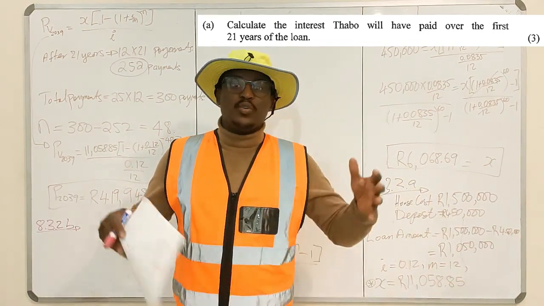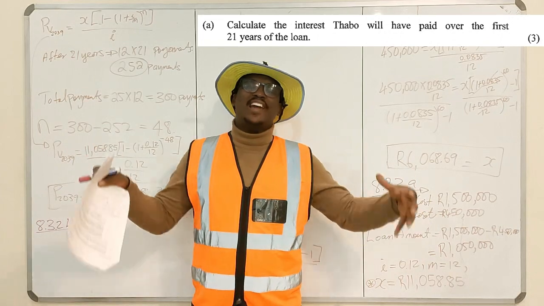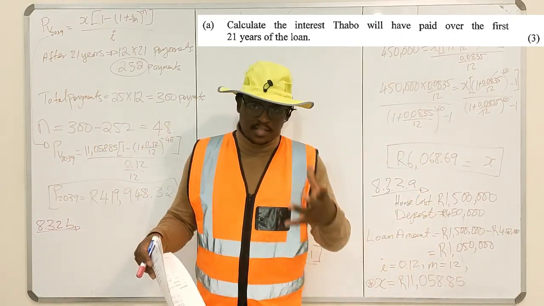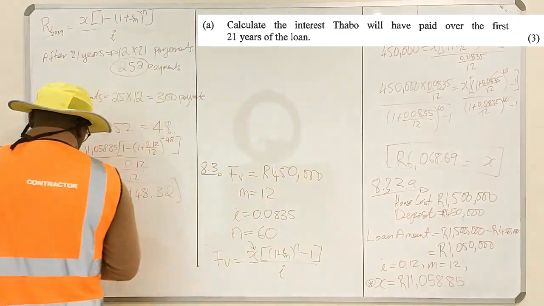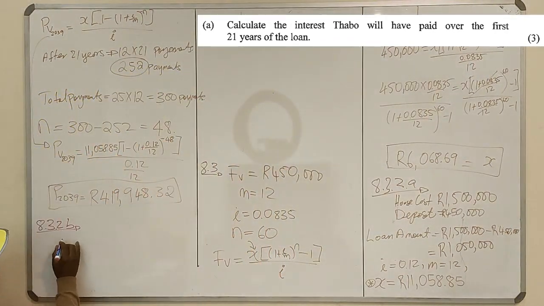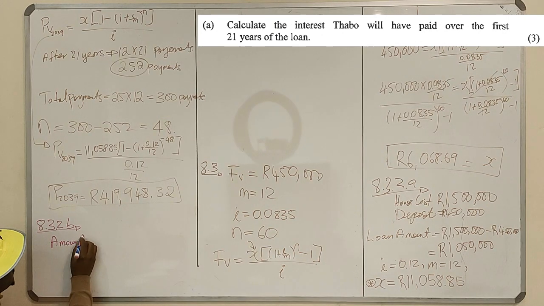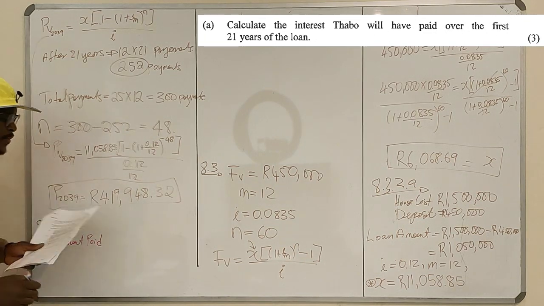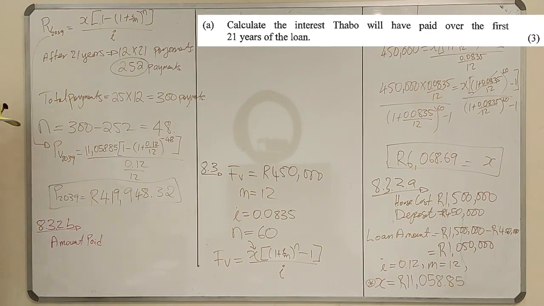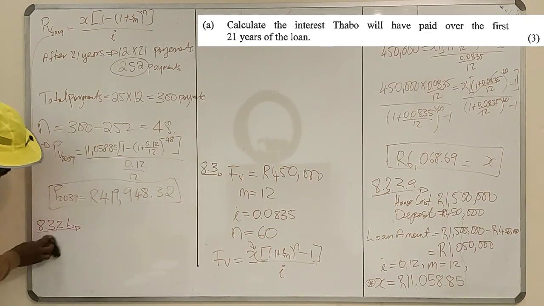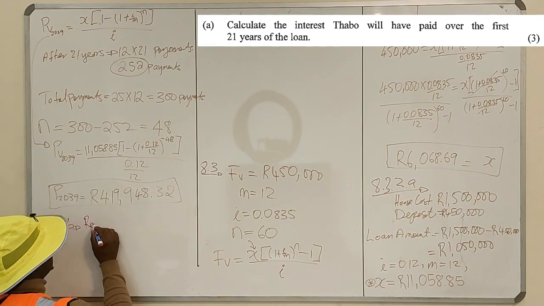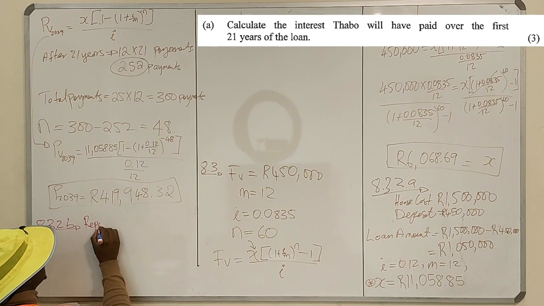You must first know how much money in total Thabo has paid into the account after 21 years. So, let me say total repayments.